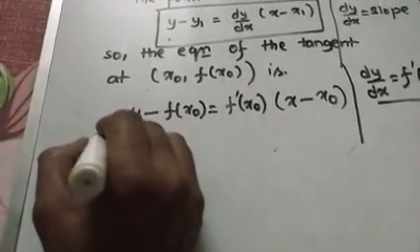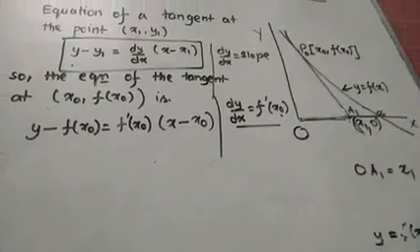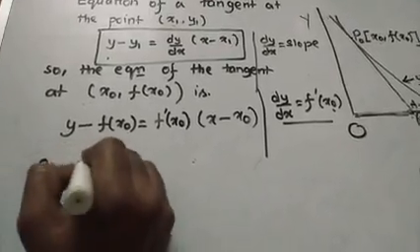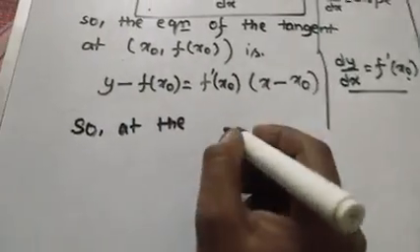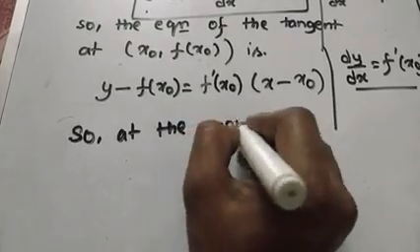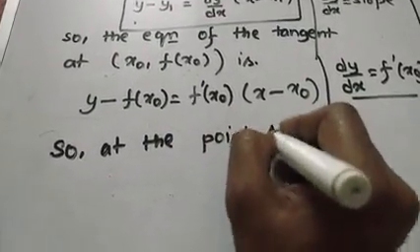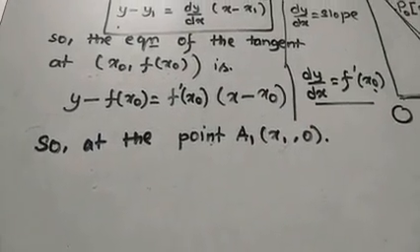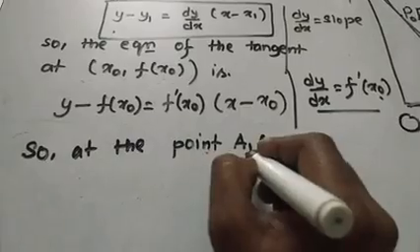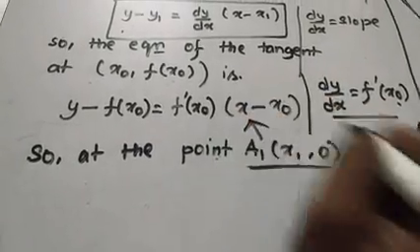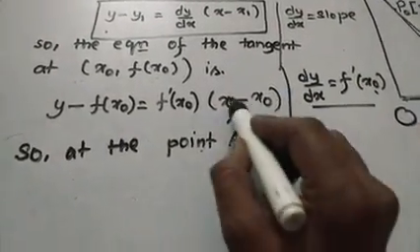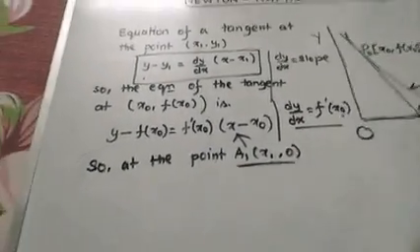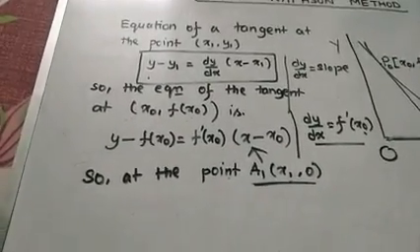So as the tangent is cutting the x-axis at the point A1, that is x1 comma 0, at this particular point we will put this point in this equation. That means in place of x we are going to put x1, in place of y we are going to put 0. The basic class 10, class 11 concepts, nothing else.